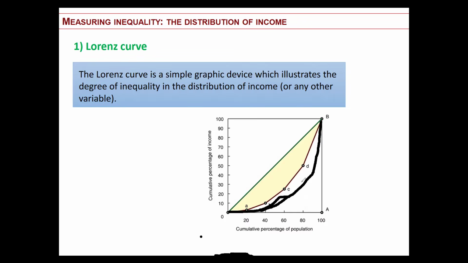This is telling you there's a greater degree of inequality. But if the Lorenz curve is here, closer to the line of equality, you can see the gap of inequality is small compared to when the curve is here. So this shows a lower degree of inequality. There is still an unequal distribution of income, but it's not as great as when the Lorenz curve is further away.